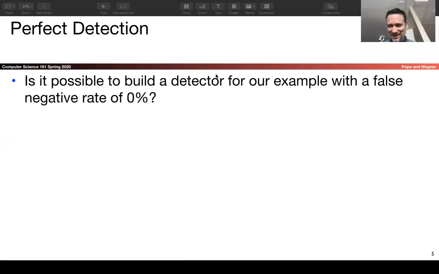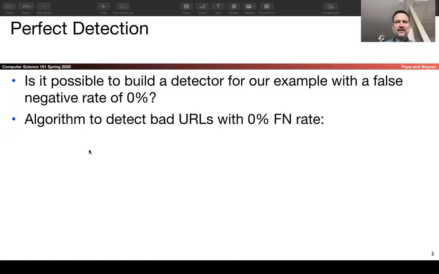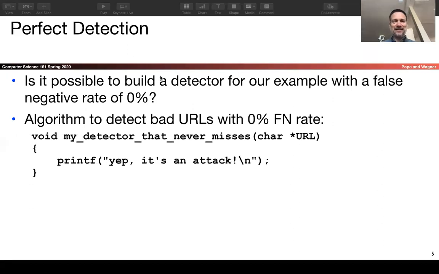Mark everything positive, no matter what, yeah. Okay, good. So a very simple algorithm is to always alert. This is just like crying wolf all the time. That'll never miss an attack. Not very useful though, because the false positive rate is super high. Kind of silly, right?